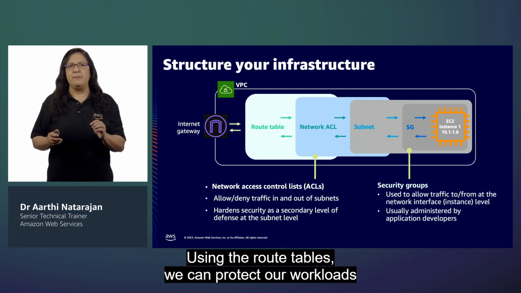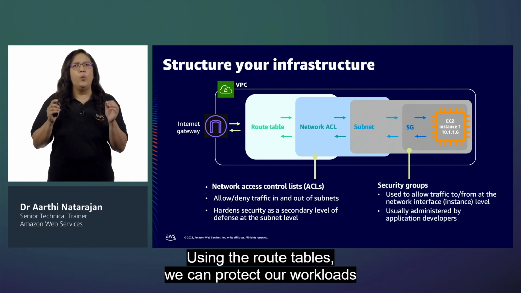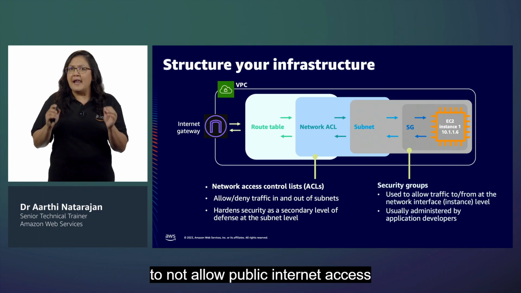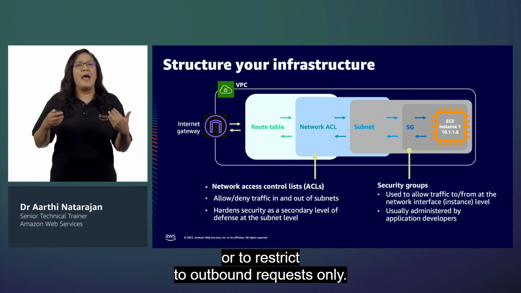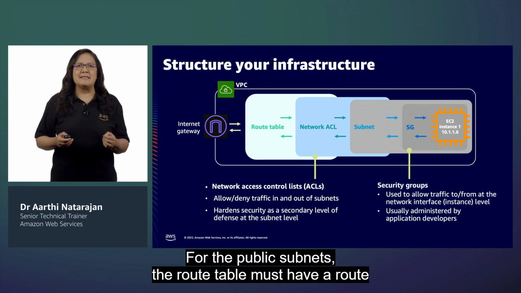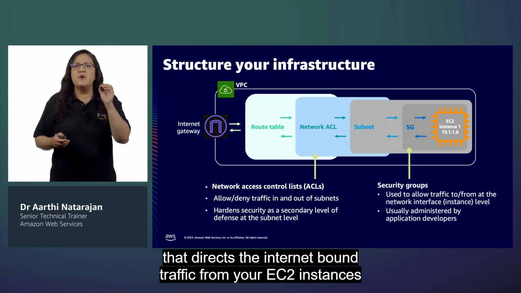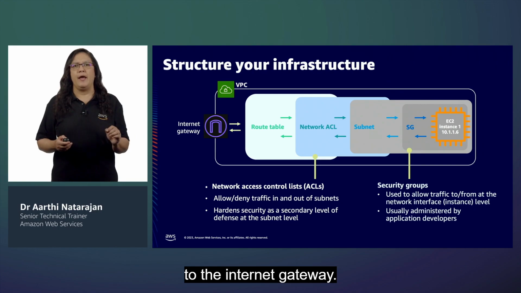Using the route tables, we can protect our workloads to not allow public internet access or to restrict to outbound requests only. For the public subnets, the route table must have a route that directs the internet-bound traffic from your EC2 instances to the Internet Gateway.